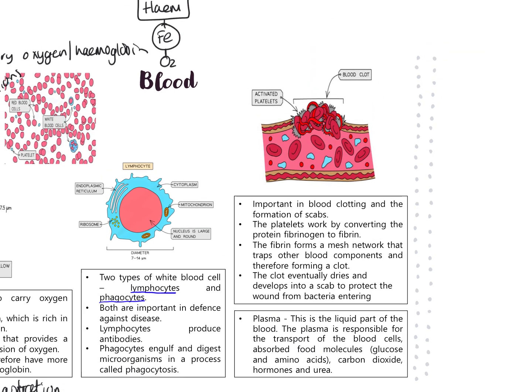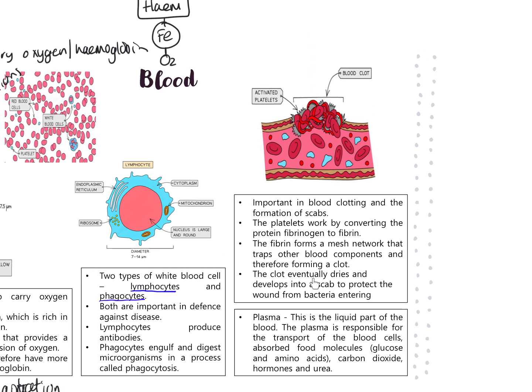Now, this one here is a little bit more detailed, okay? So this one here is about our platelets. And the function, okay? So we've said red blood cells carry oxygen and hemoglobin, okay? White blood cells fight infection. Platelets is for blood clotting, okay? So how it works, if they ask this in detail, there's a couple of words you have to know.